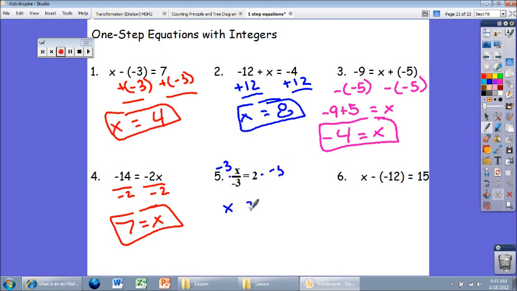Since I have an odd number of negative signs, it's going to be negative, so x equals -6. 2 times -3 is -6. And then our last one, we're going to go plus -12 plus -12. So x is going to equal 3.